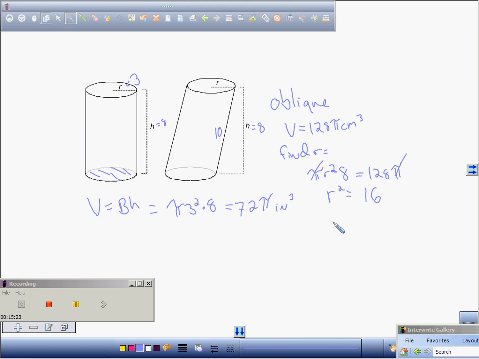Oh, look how convenient. So r has got to be equal to the square root of 16. It's actually plus or minus, but we can't have a negative radius, and so it's going to be equal to the square root of 16, which is 4. Done. Okay? Just a couple more things.